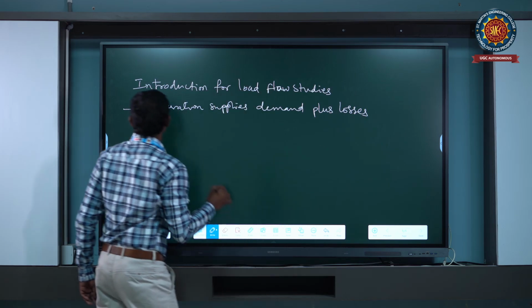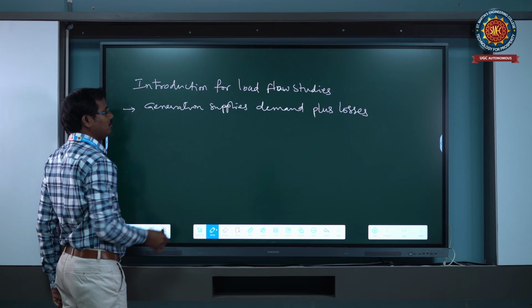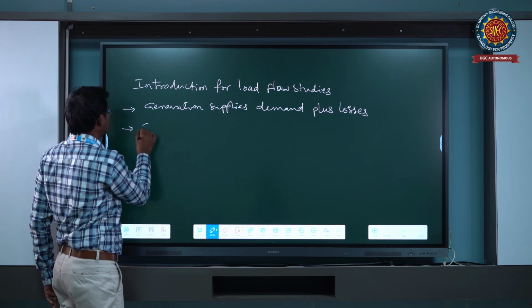We have to take the generation supply as demand plus losses.